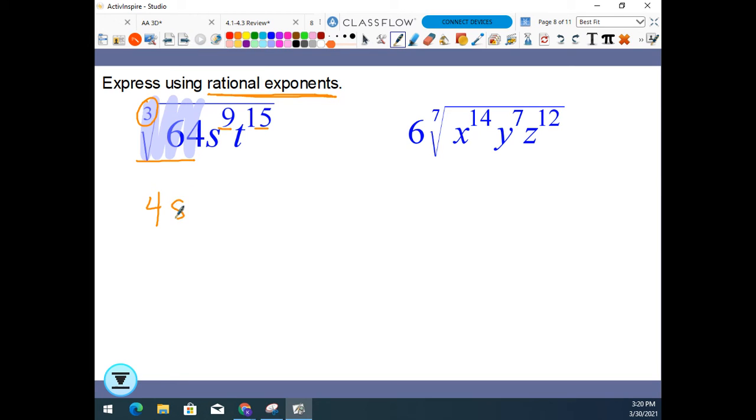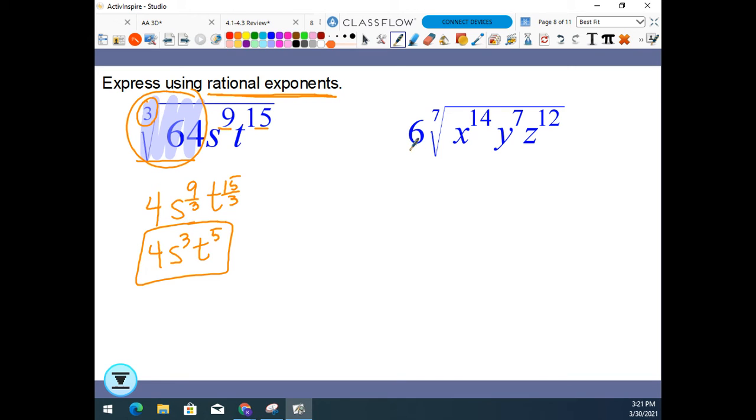So what I'm going to do is put the root into the denominator of each exponent. I didn't do that with the 64 because it wasn't an exponent. I just took the cube root of 64. Now, 9/3, we can divide 9 by 3 and get 3. We can divide 15 by 3 and get 5. So this is the simplest answer.